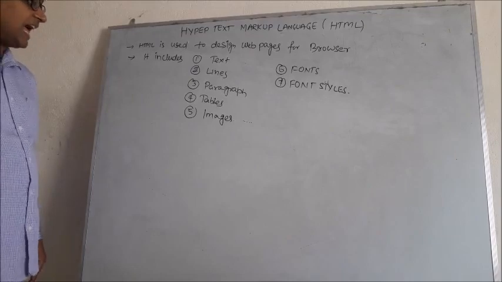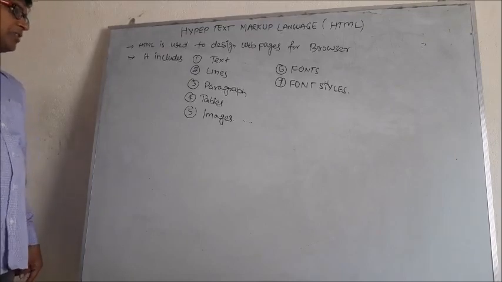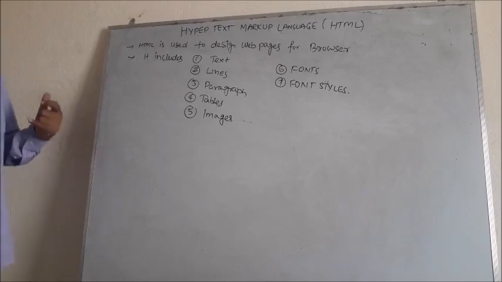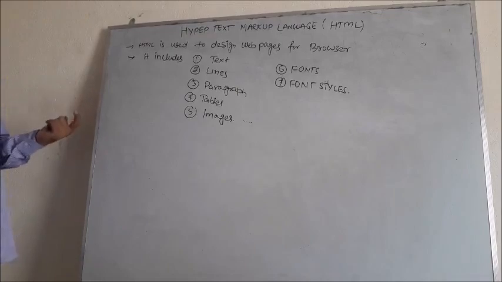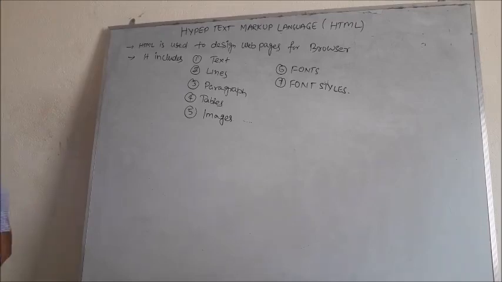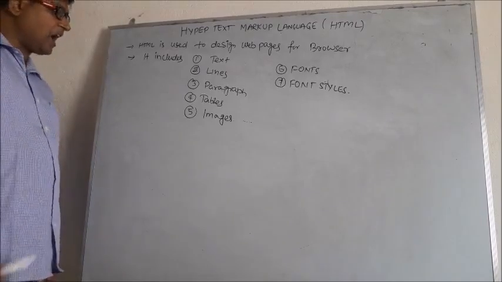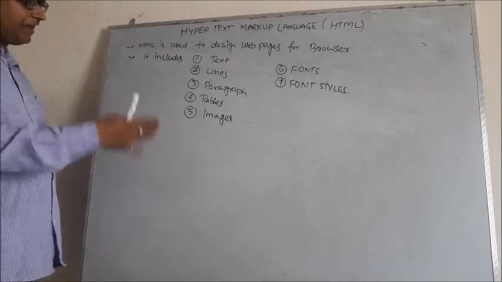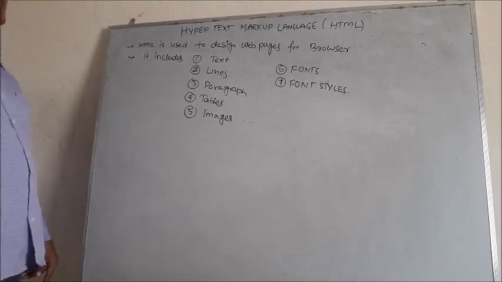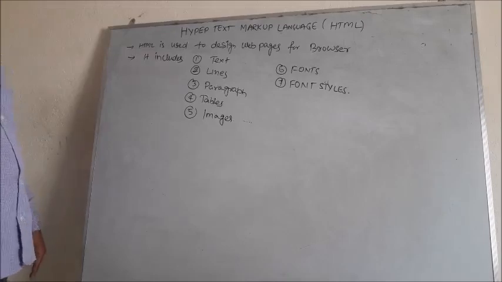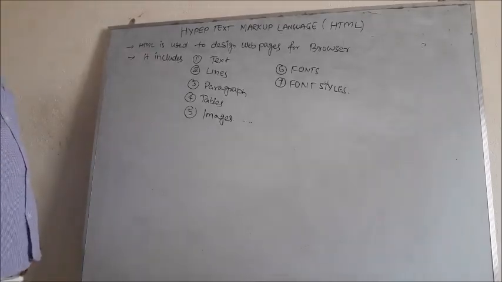So what are the different features HTML includes? First, we can write some text in HTML, right? How we will write that, slowly I will let you know one by one. We can write some text in web pages, right?